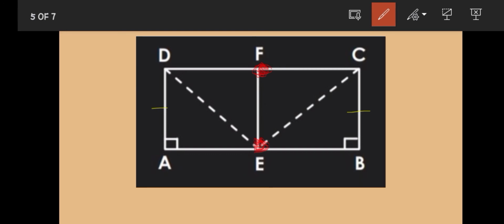By assumption, E is the midpoint of segment AB and F is the midpoint of segment CD. Now we have AEB and CFD. By the definition of midpoint, line AE is congruent to line BE.